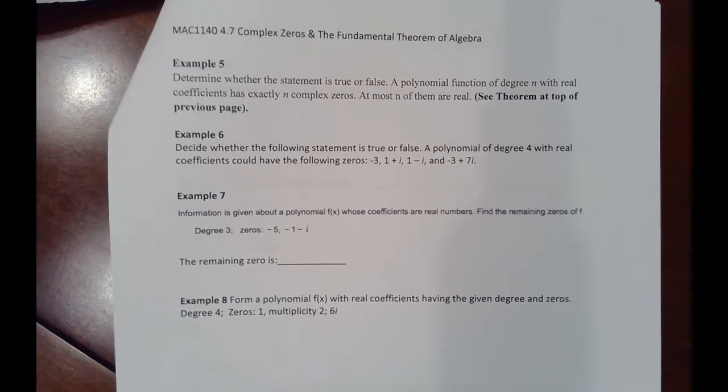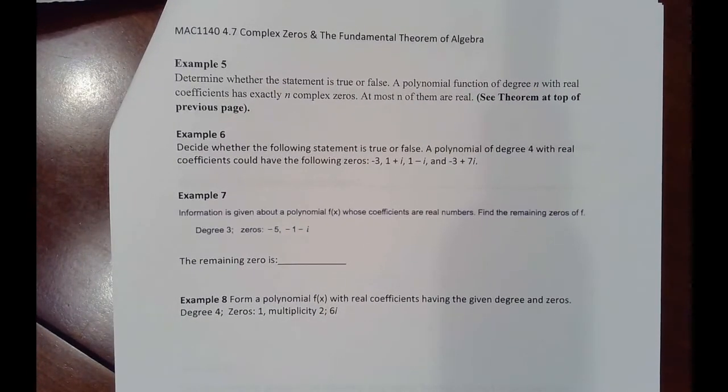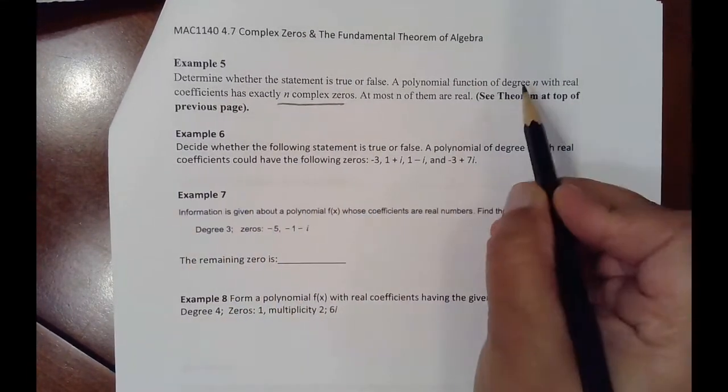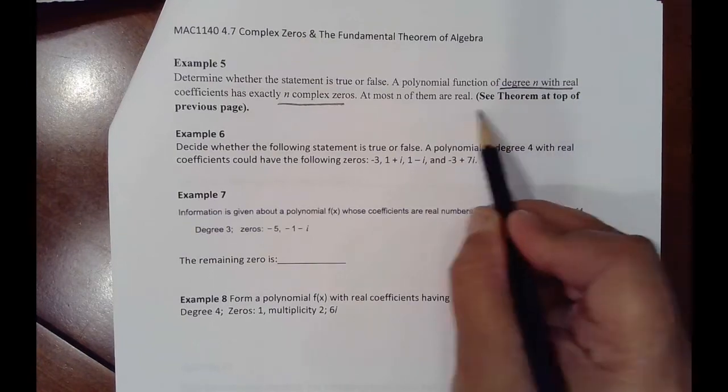Okay, so in example 5 it says, determine whether the statement is true or false. A polynomial function of degree n with real coefficients has exactly n complex zeros. So in other words, just whatever the degree is, that's how many zeros there are. And that was, I'm telling you to see the theorem on the previous page.